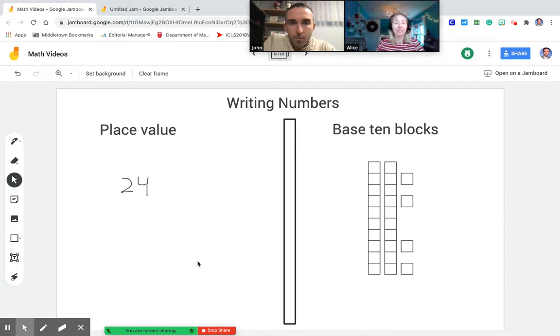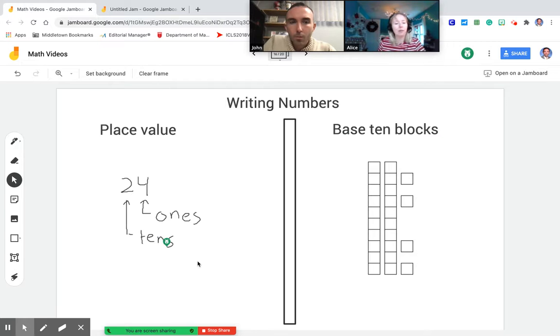Today, we're talking about writing numbers. When I was in elementary school, I only learned place values. If you see here the number 24, I just learned it as that number is the ones value, and the two is the tens value.